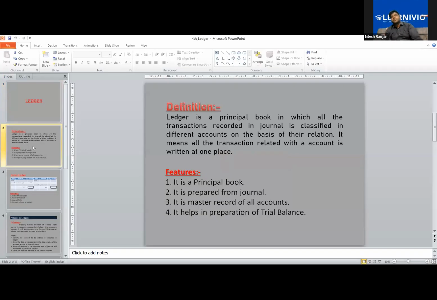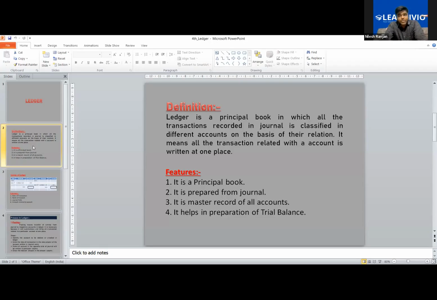Ledger is a principal book in which all the transactions recorded in journal are classified into different accounts on the basis of their relation. It means all the transactions related to the account are written at one place. All the transactions related to a separate account, separate name or separate item will be written at one place. So that is how we can calculate all the information easily.